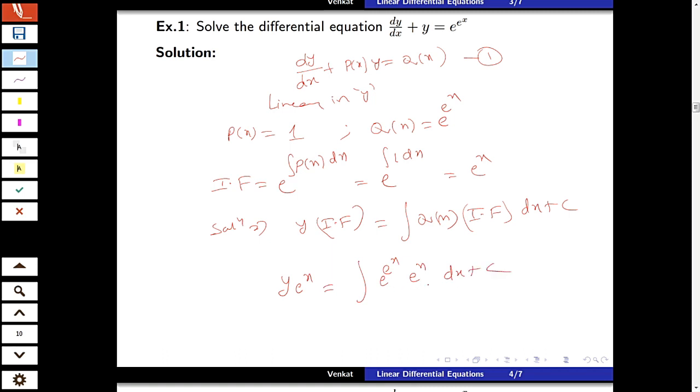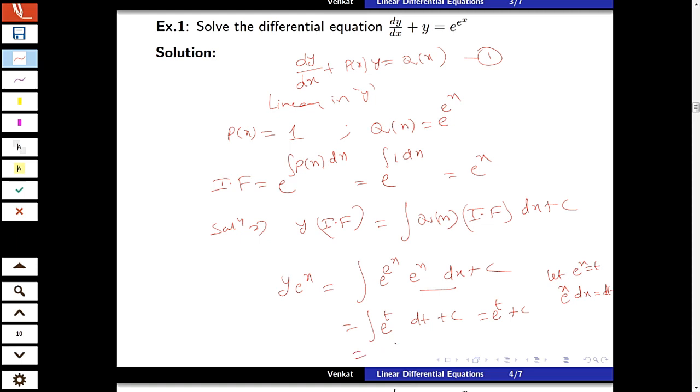Here there are two functions, so let e power x equal to t. You differentiate it, then you will get e power x dx equal to dt. In place of e power x you can write t, and e power x dx is already dt. The integration of e power t is e power t.